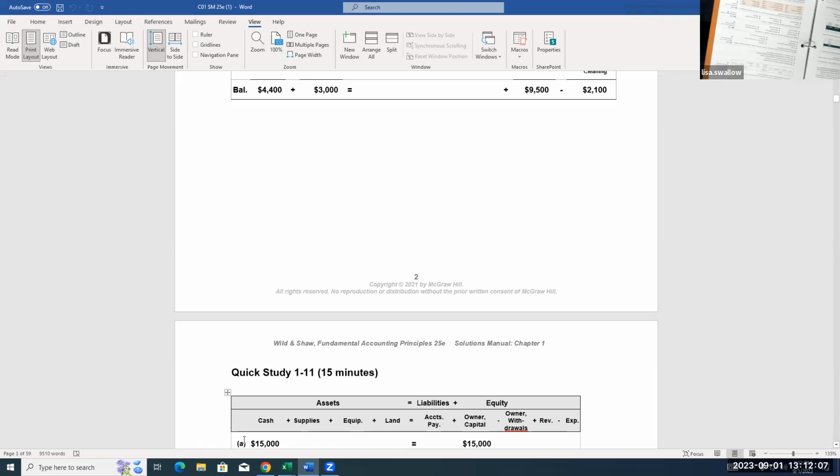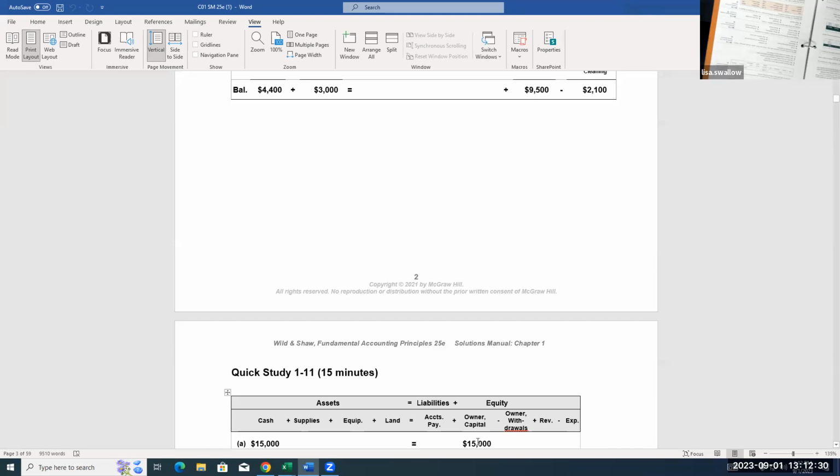Is going to be in which of those 4 things? Capital, drawing, revenue, or expense? Yeah. So what you should see is a plus 15,000 under cash and a plus 15,000 under capital. And it's still in balance, right?